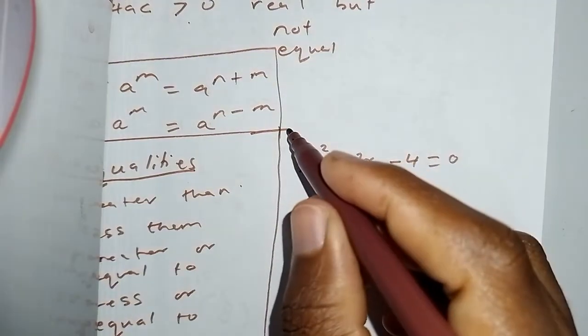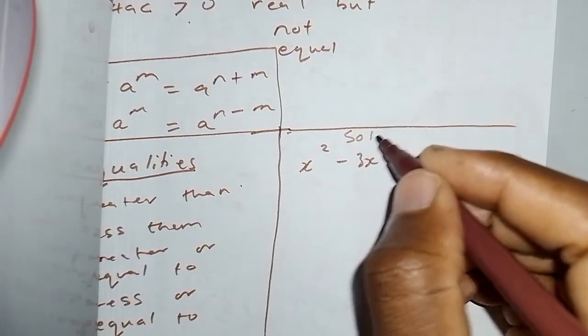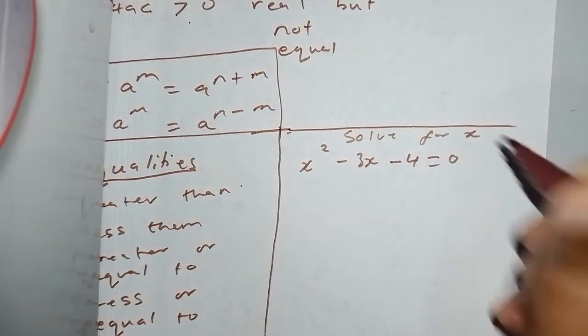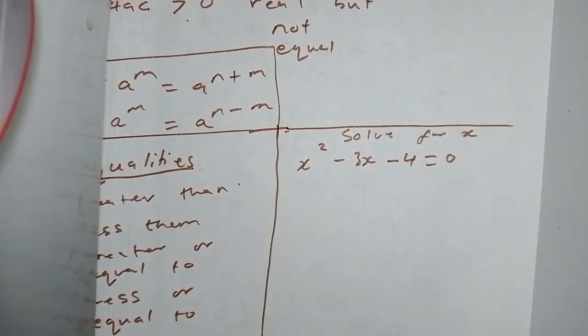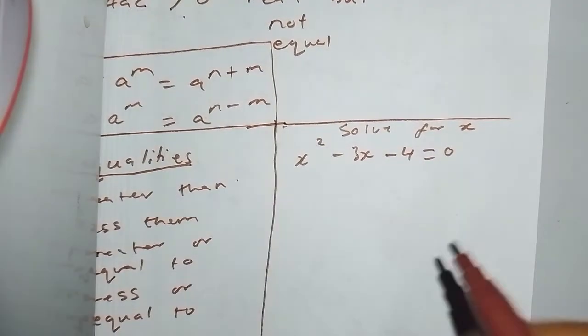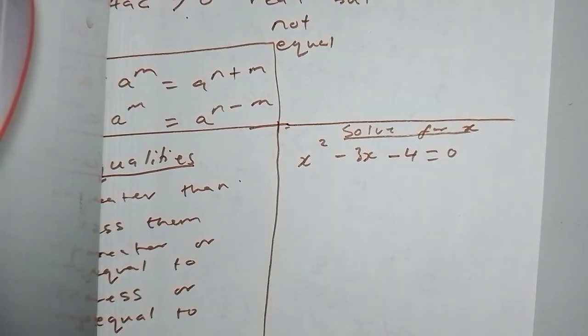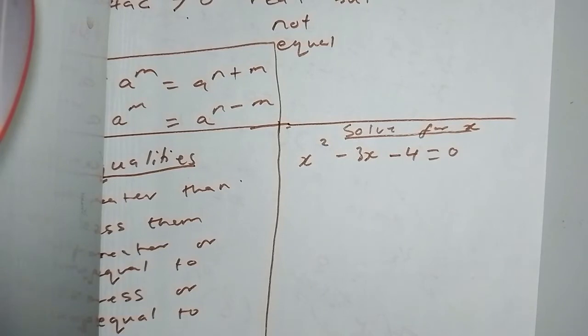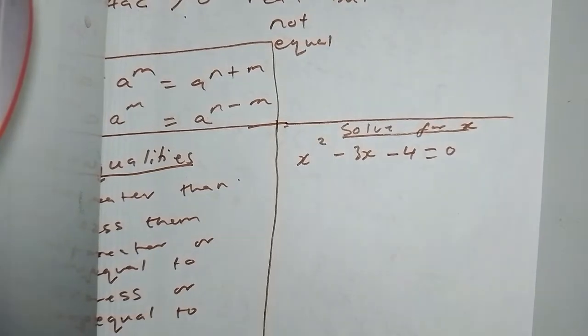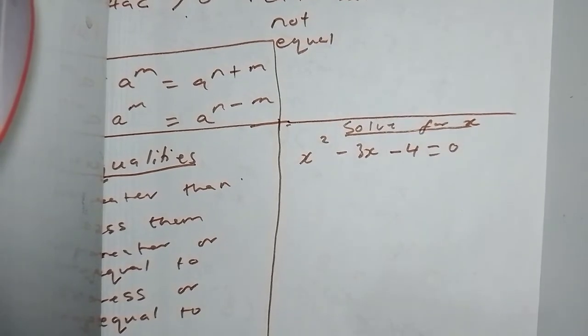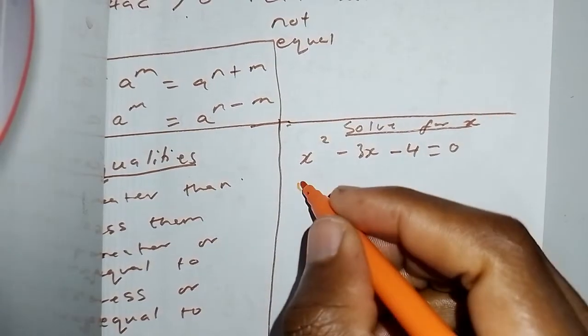This is basically solving for x. How can I do that? How can I solve for x there? It's very simple. You can just use your quadratic formula, or you can use the factorizing method.